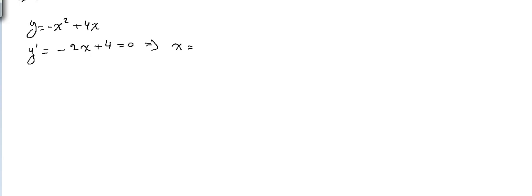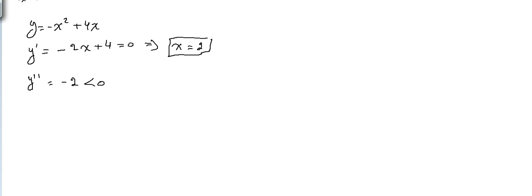Let's take this example, y equal minus x squared plus 4x, and we need to know if it attains a maximum value or a minimum value without even drawing the table of variation. So what is y prime first? It's minus 2x plus 4, right? And if y prime equals 0, this means x equals minus 4 divided by minus 2, which is 2, right? x equal 2. Let's find the second derivative. The second derivative is equal to minus 2.